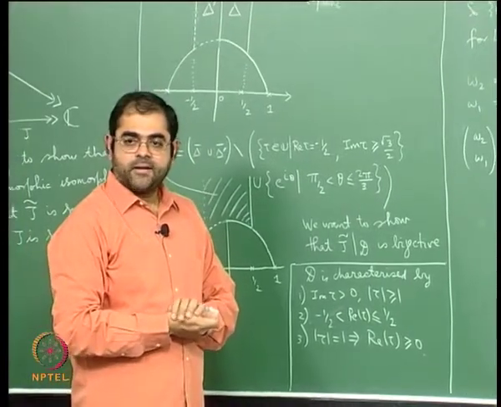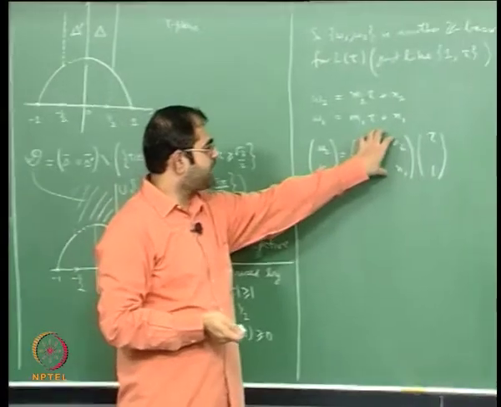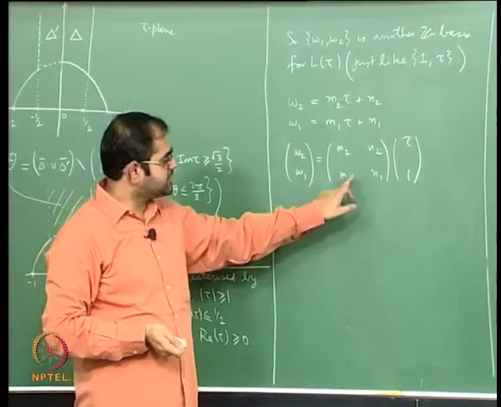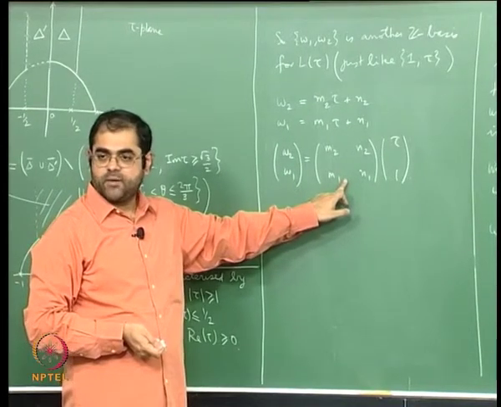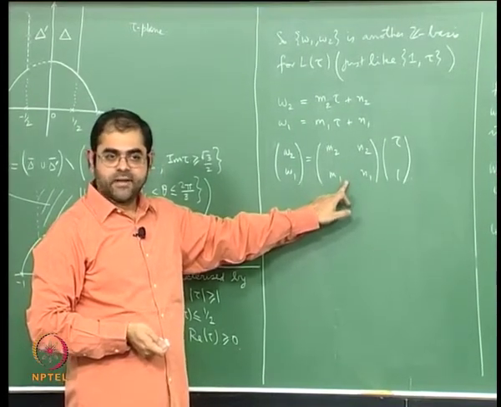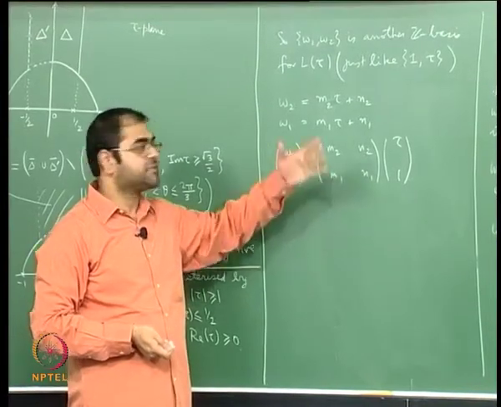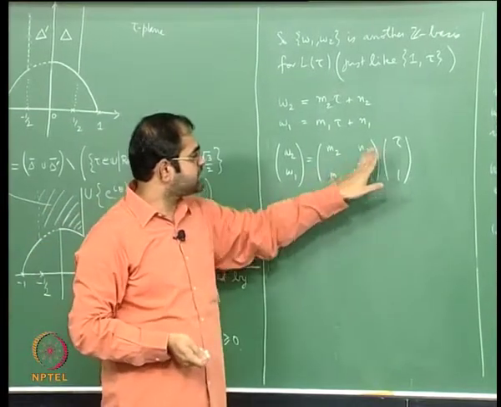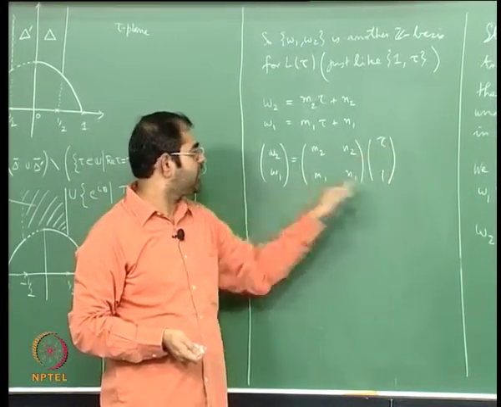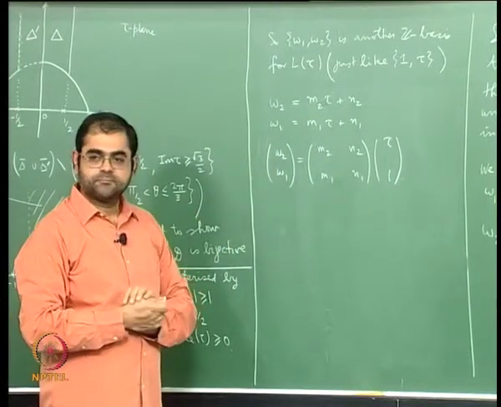This matrix will give you a Z-linear map from L_τ to L_τ, which is the same as L(ω1, ω2), and this matrix is mapping the basis 1, τ to the basis ω2, ω1.